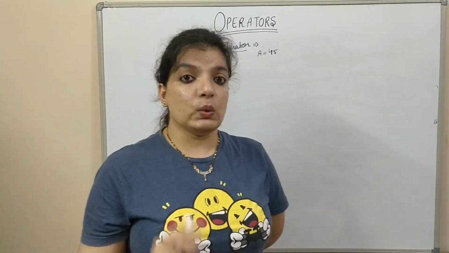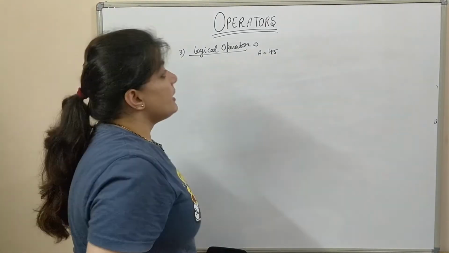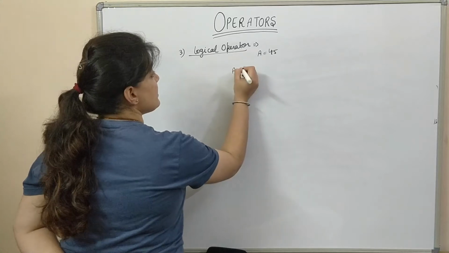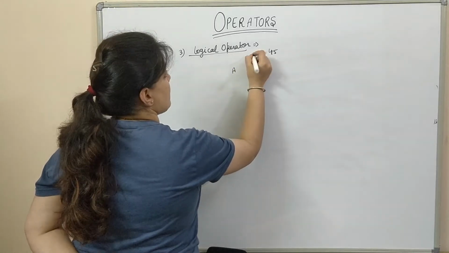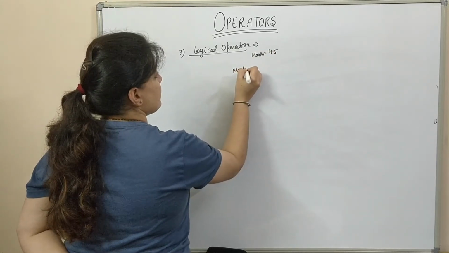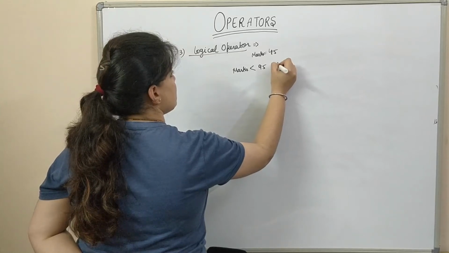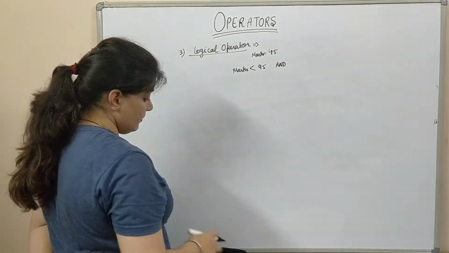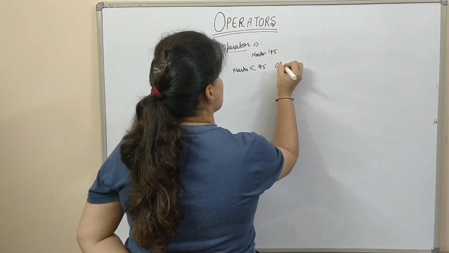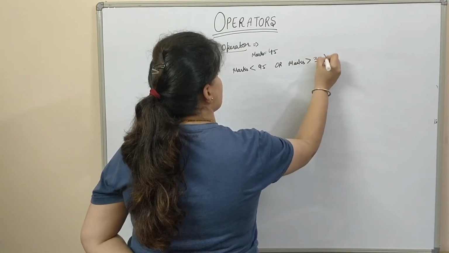So here I have two conditions. The student's marks is 45%. He will be considered pass only if the marks are less than 95 or the marks are greater than 35.